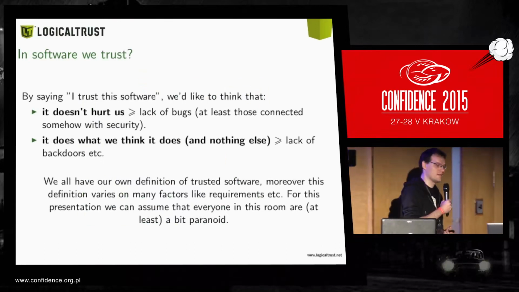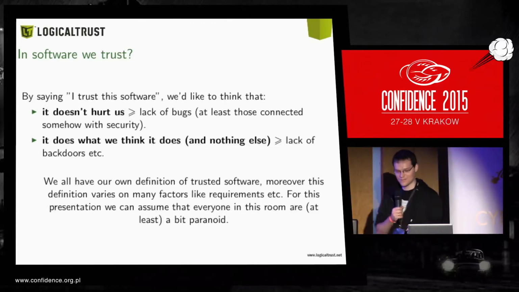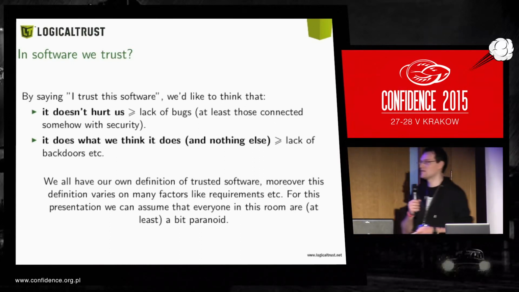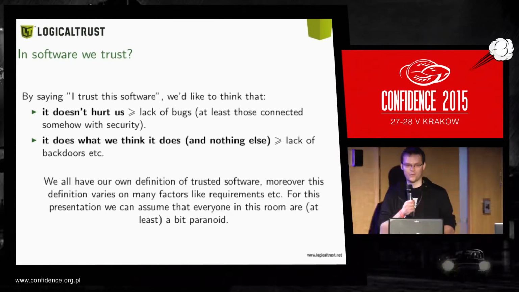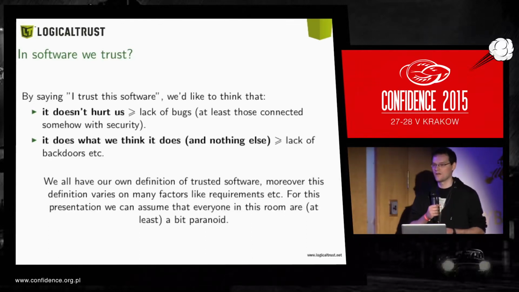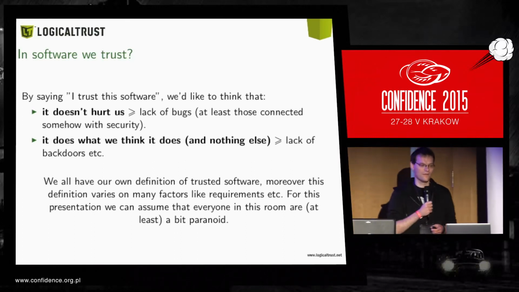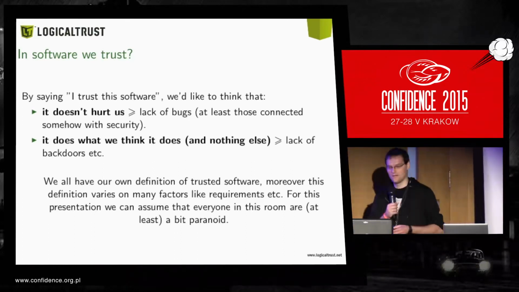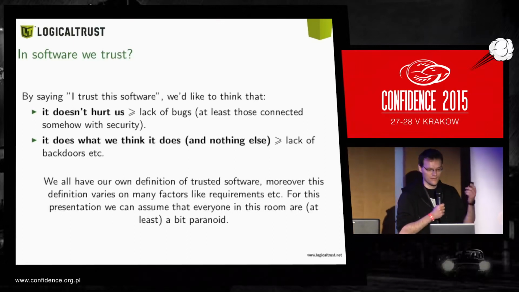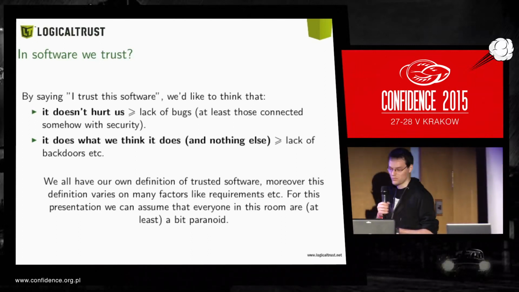If I say that some software is trusted for me, I really mean that it satisfies two properties. First one is that it doesn't hurt me. For example, I expect that my PDF viewer will not delete all my files when I open a document in that program.